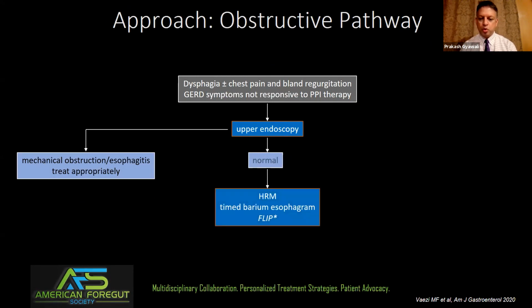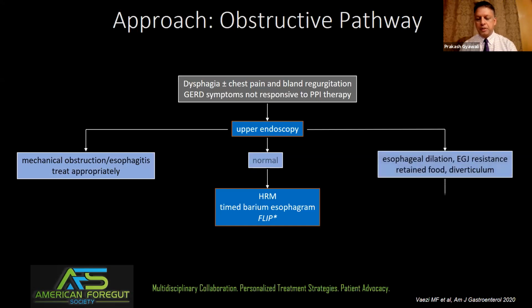Obviously, if endoscopy is normal, you do physiologic testing, high resolution manometry, barium, FLIP, and here you're trying to look for issues with esophageal emptying, which is in some ways the opposite of reflux. Now, there may be findings on endoscopy that lead you directly to the presence of a motor disorder. And you can see some of the findings in endoscopy.